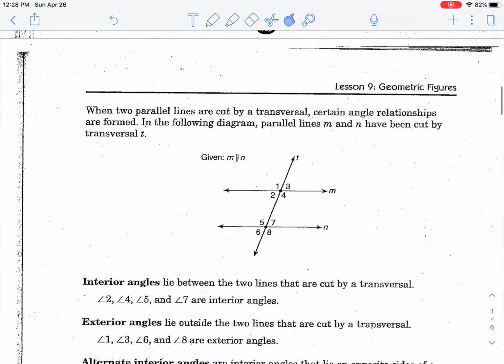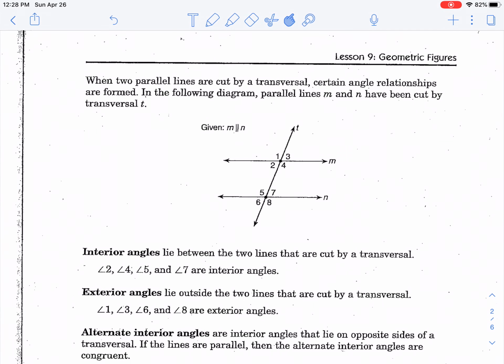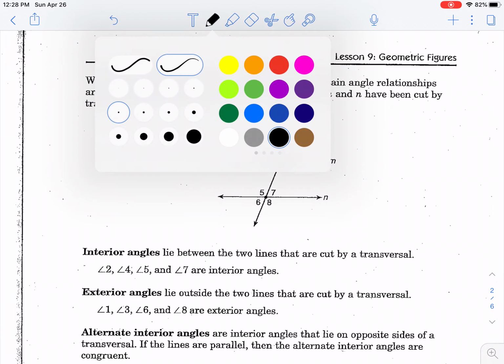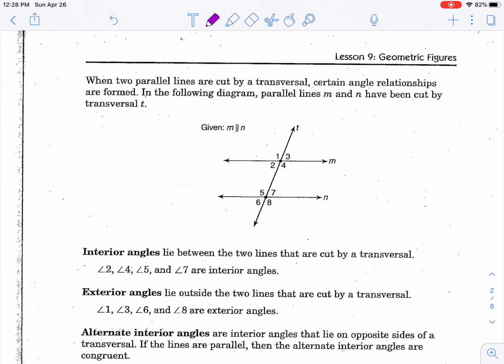All right, the next thing we're going to take a look at is when we have two parallel lines. Here, our parallel lines are M and N. Parallel lines never touch, they go on forever.